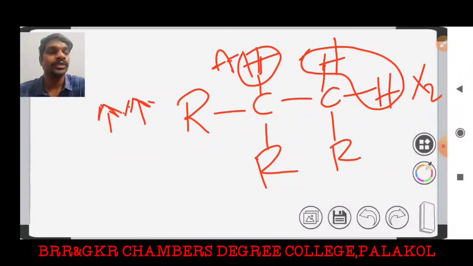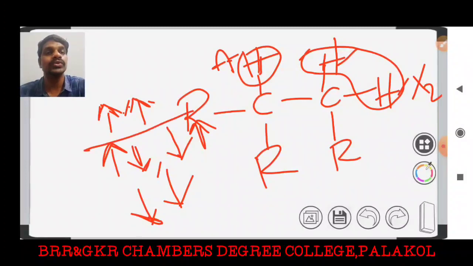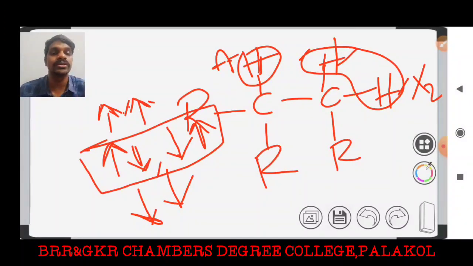That means both hydrogens have positive spin, or one is positive and the second is negative, or this one is negative and this one is positive, or both hydrogens have negative spin. Here these two spin orientations are the same, so we get three different types of spin orientations.